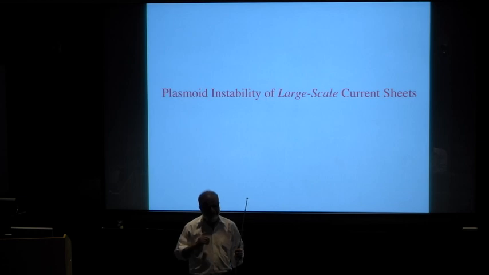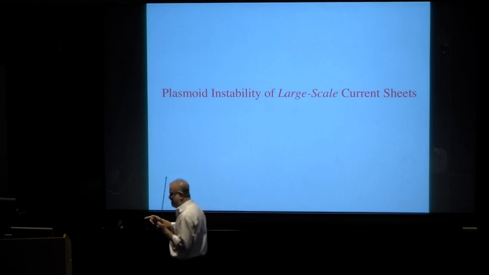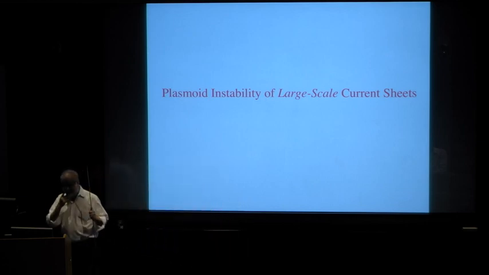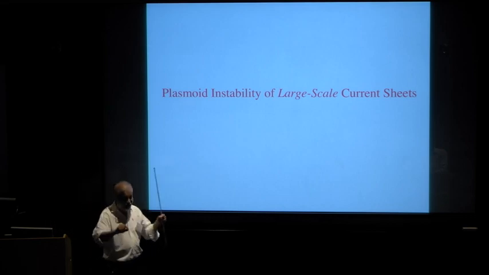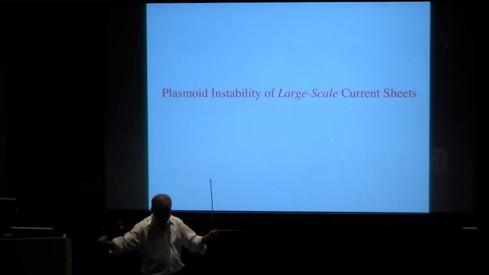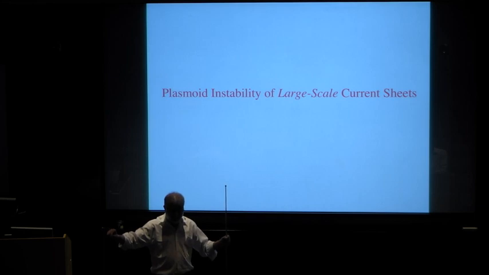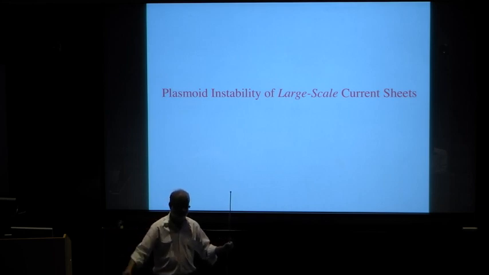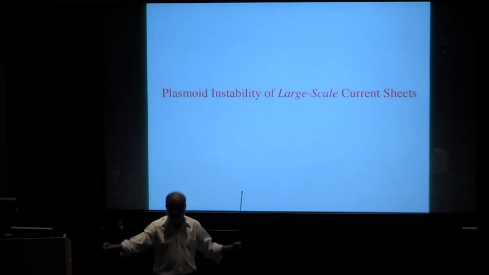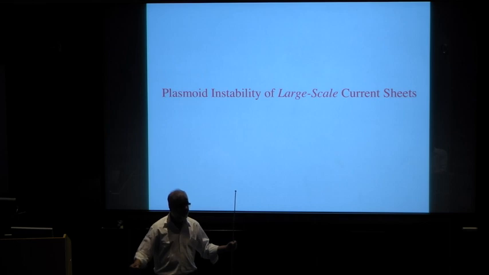Wrong. Wrong because what we overlooked was that this tendency to form these extended current sheets over a long period of time in the manner in which Sweet and Parker told us was itself wrong. Sweet and Parker assumed that you have an extended current sheet that is stable over system size lengths. But is it?